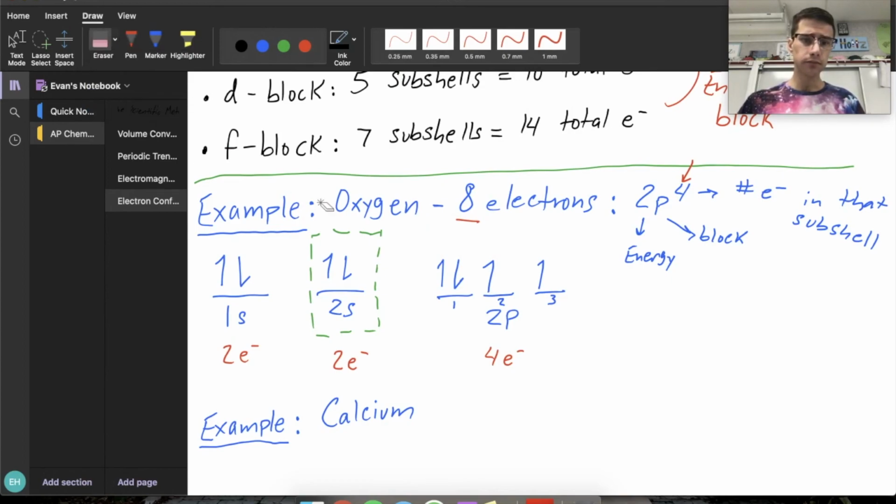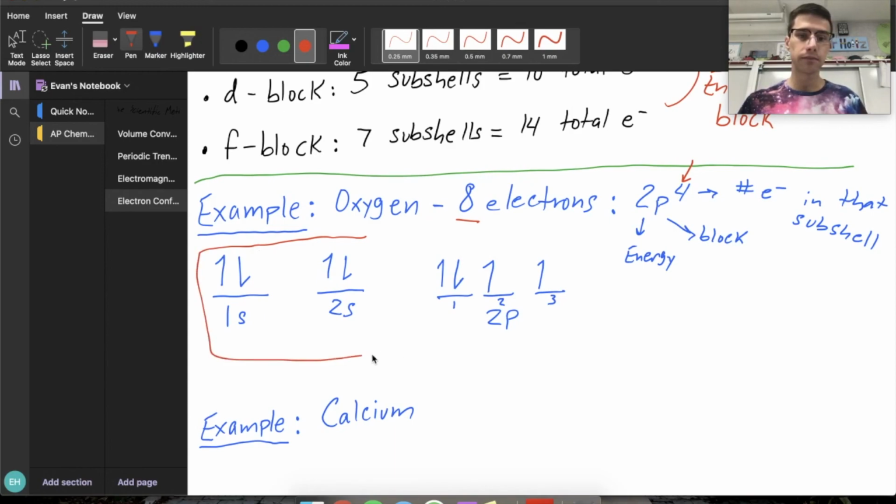So in terms of looking at this like an actual problem, if I asked you to give me the electron configuration for an oxygen atom in the ground state, this right here is exactly what I would expect you to give me.